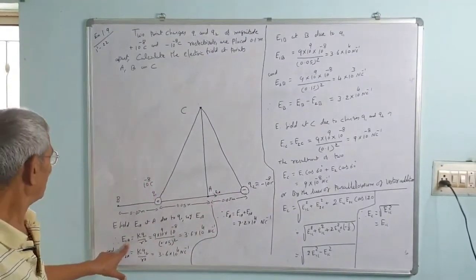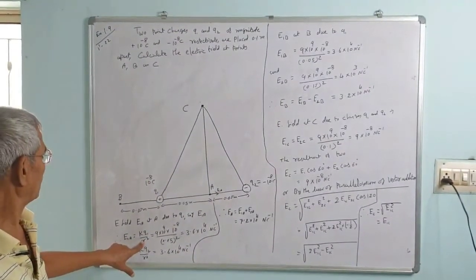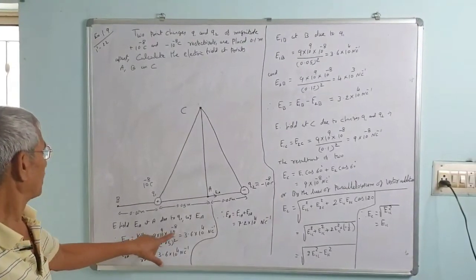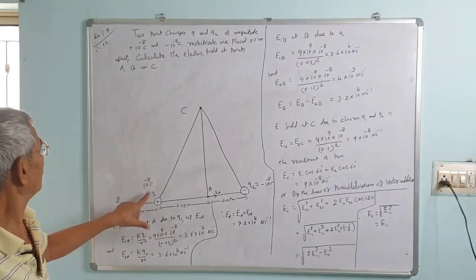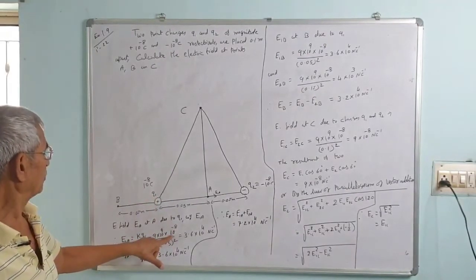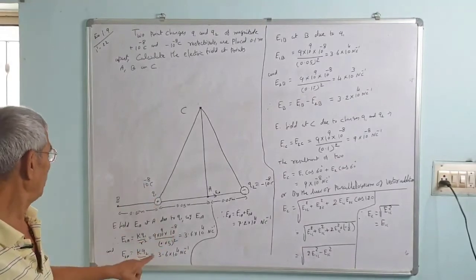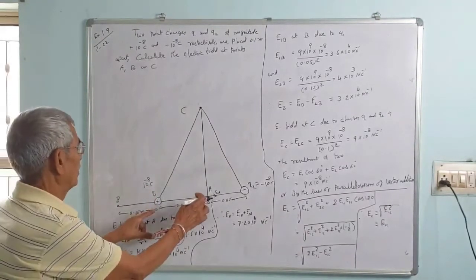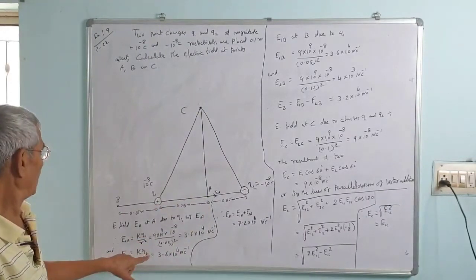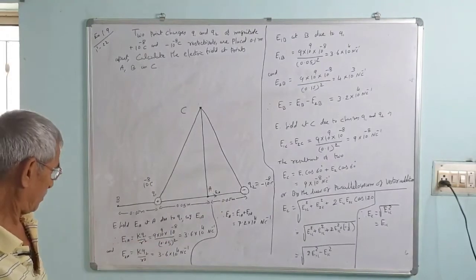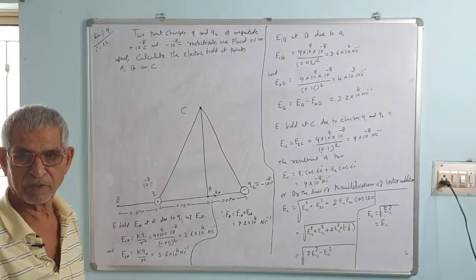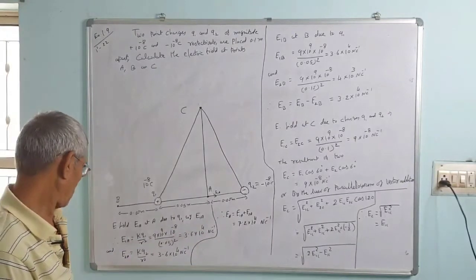E1A is equal to kQ1 upon r square. k, you know, is 9 × 10^9, times the charge Q1, 10^-8 coulomb. What is the separation? This distance is 0.05 meter, so r square is 0.05 squared. That comes to about 3.6 × 10^4 N/C.